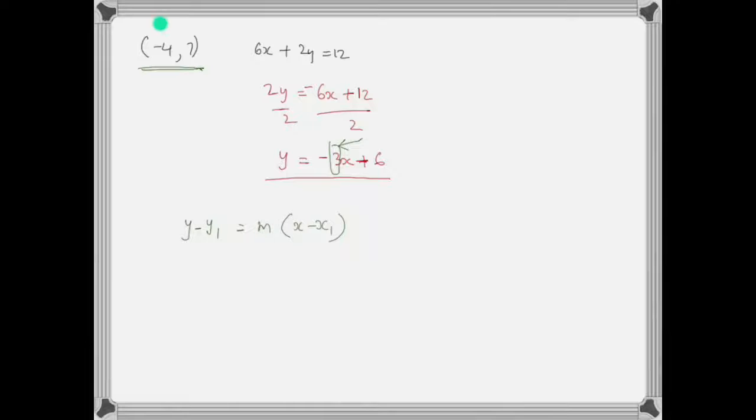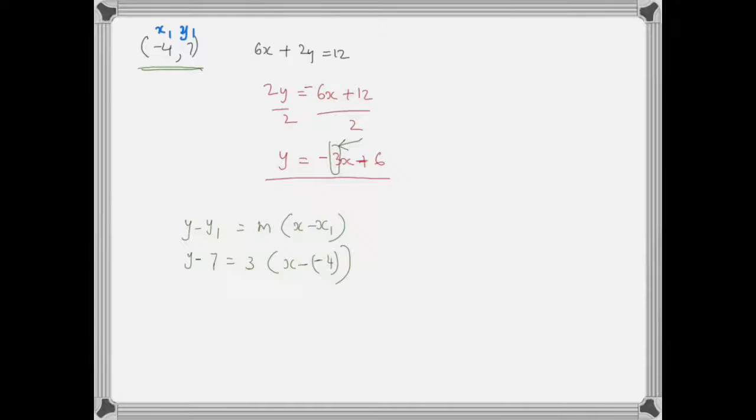One second. This is x1 and this is y1. Applying the values of x1 and y1 in this equation, you will get y minus 7 equals m, the slope, times x minus x1. x1 is negative 4.